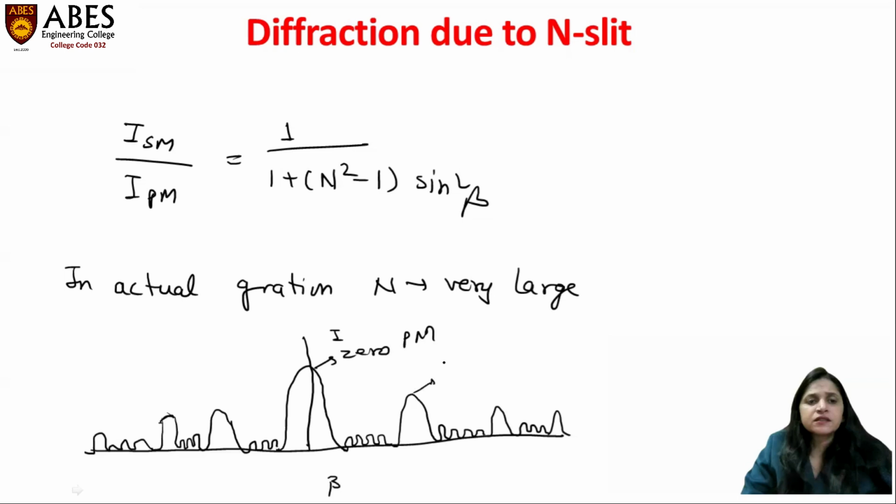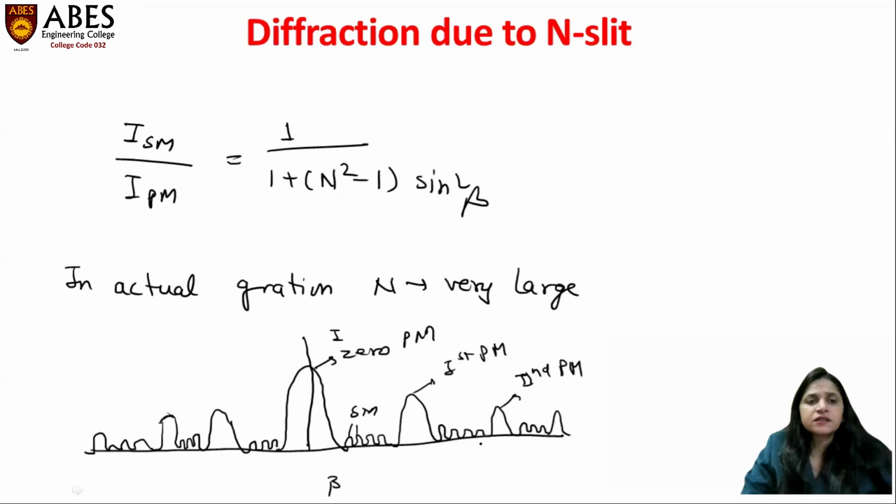This is another first order principal maxima. And what is it? This is a Vibgyor. Okay, then these smalls are the secondary maximas present. And again, this is the second order principal maxima, another Vibgyor. So this Vibgyor intensity is less than the first order Vibgyor intensity.